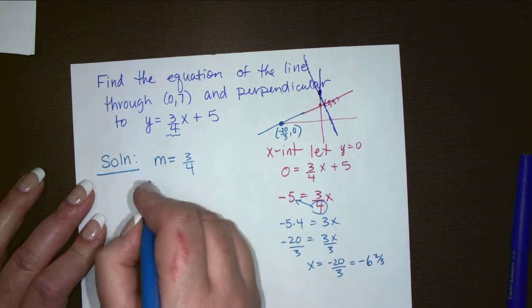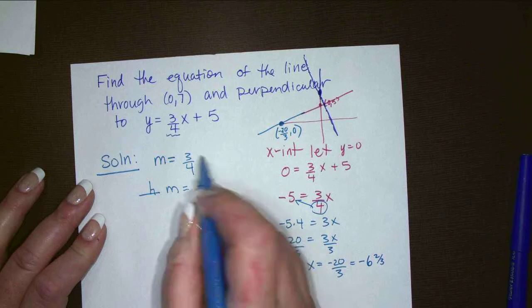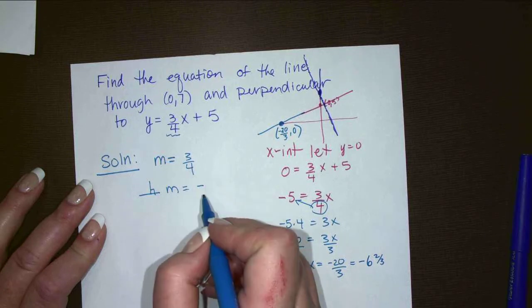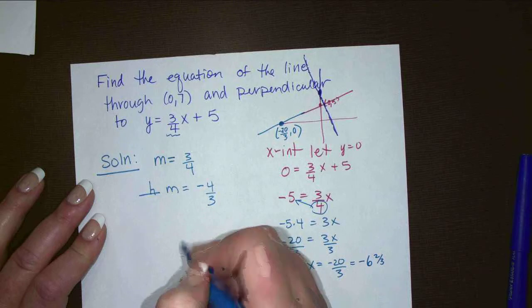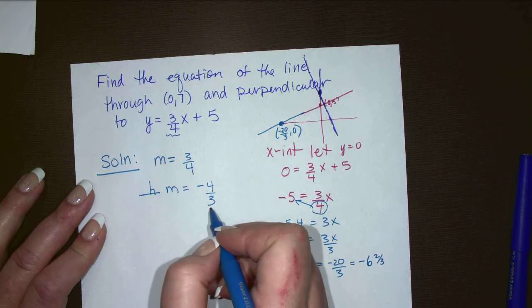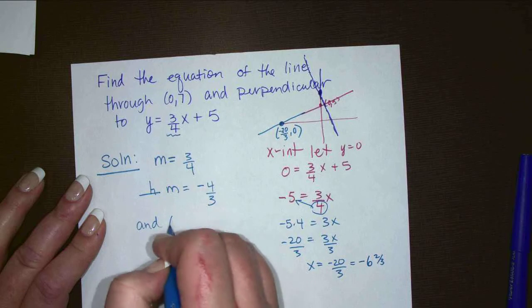So the perpendicular slope would be negative, because this one's positive, 4 over 3. This one's less than 1, that one's bigger than 1. So we've got our slope, and our point was given, 0, 7.